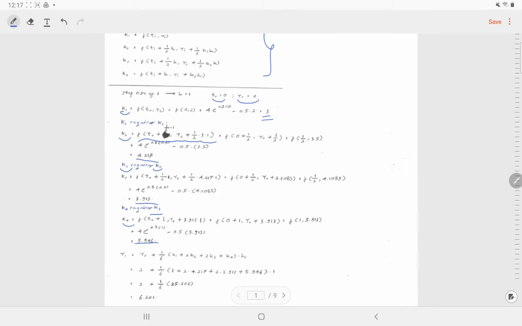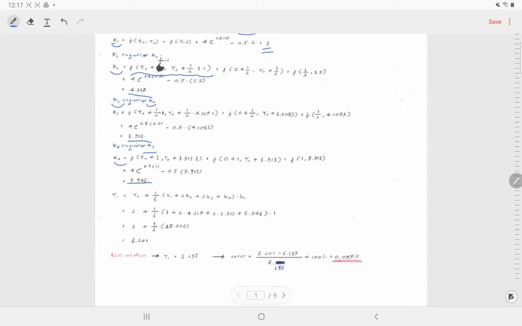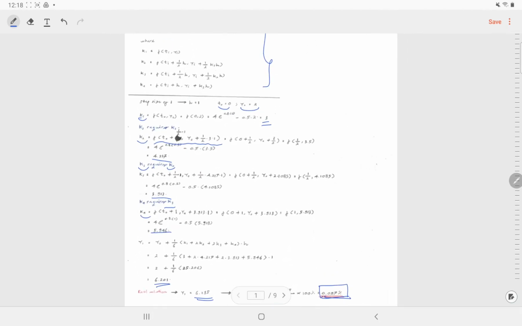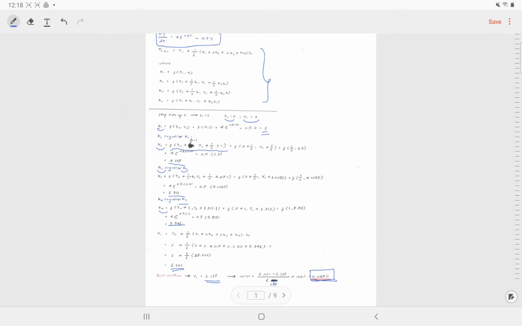Once we get all of this, then our y1 will be equal to 6.201. What is amazing here is that when we compare with the real solution that we derived in the previous part of the video, we can see that the error is quite small. It's only 0.1%.